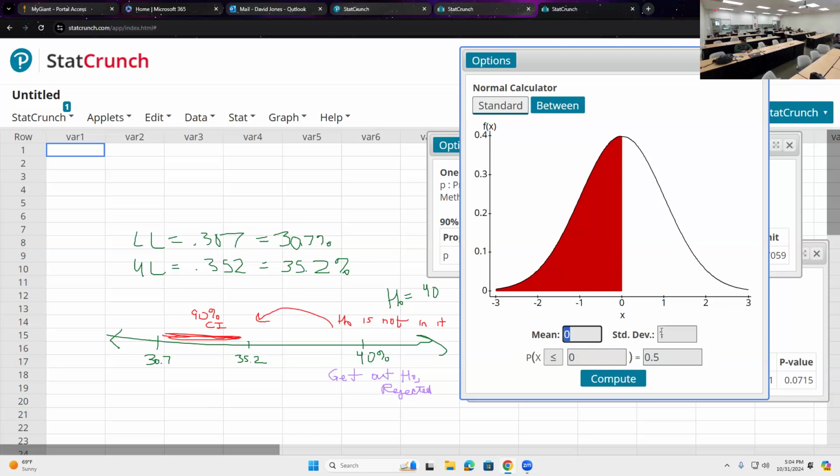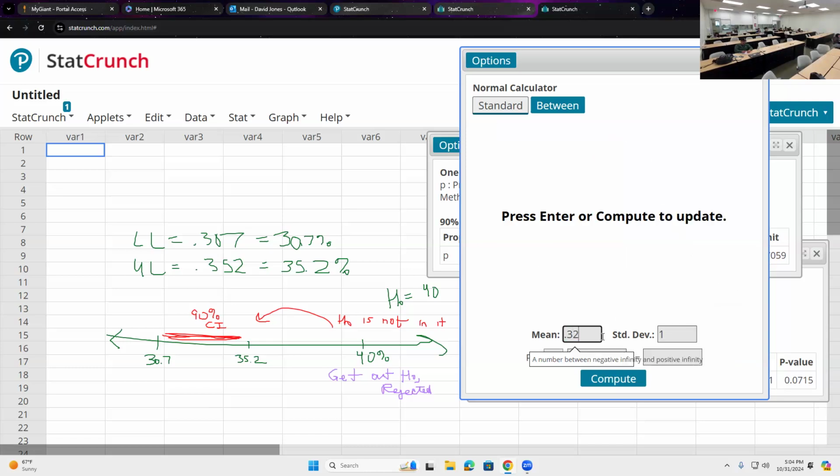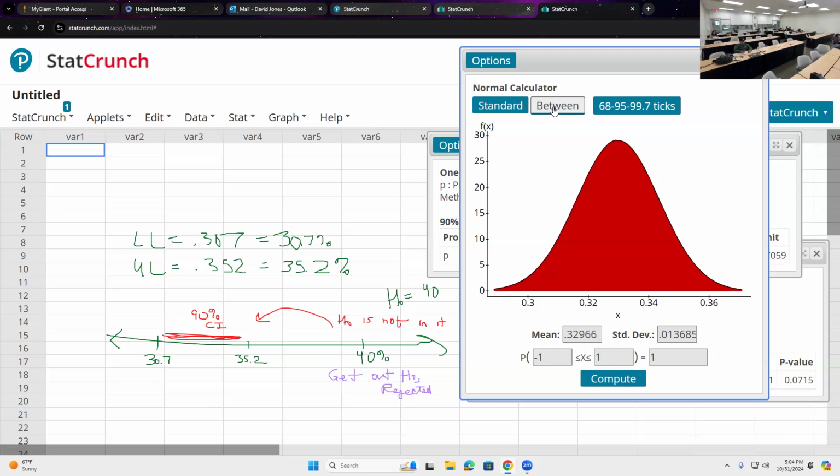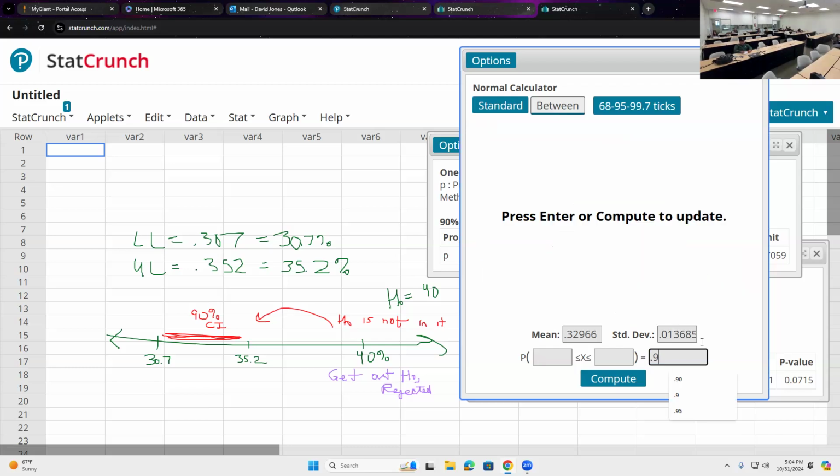The mean is 0.32966 and the standard deviation is 0.01136685. I'm gonna click on between because we're treating it like a confidence interval, and say 90% or 0.9.